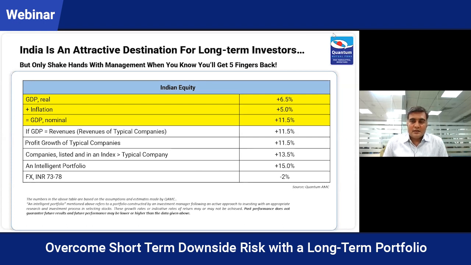Now, typical companies' revenues are in nominal terms because they have pricing power and they take price increases during the time of inflation. So typical companies' revenues will also grow at close to 11 to 12%. And assuming that they have pricing power and their profitability remains the same, their profit growth will be close to 11 to 12%.